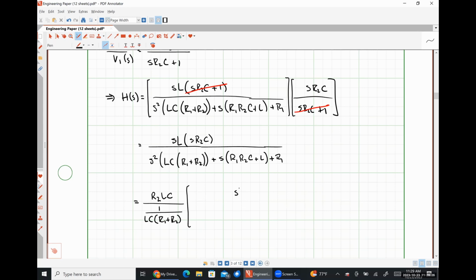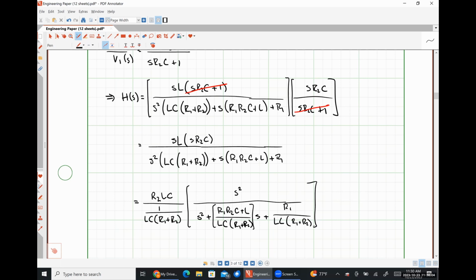And then I would just have S squared in the denominator, and then S squared plus (R1 R2 C plus L) divided by LC (R1 plus R2), this whole thing multiplied by S plus R1 over LC times (R1 plus R2).